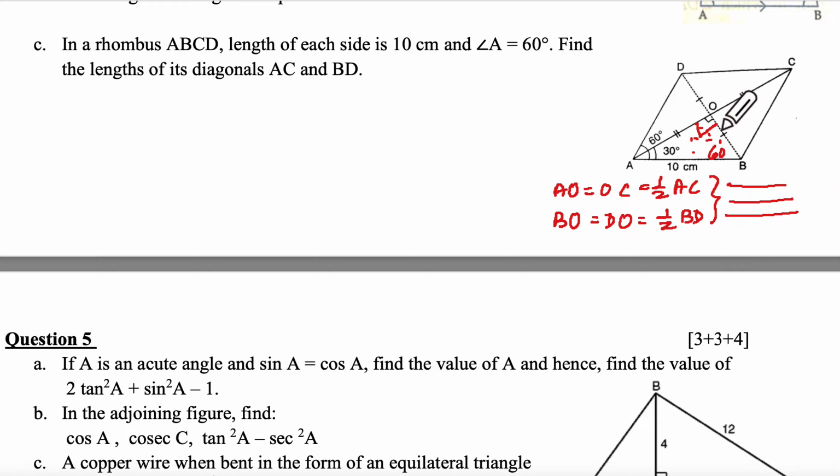Then if I want to get AO, I should take 30, and AO is opposite to 30, this is adjacent. So in right triangle AOB, I will have cos of 30 degrees equal to AO upon AB, correct?